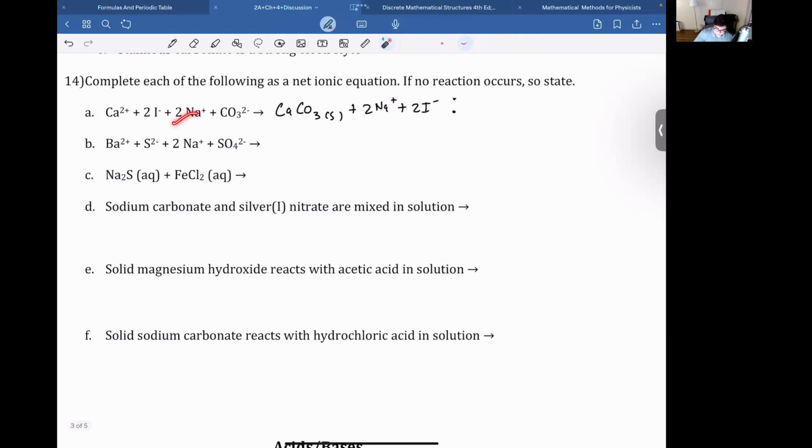So we have two sodiums on each side, two iodines on each side. And then we get Ca2+ plus CO3 2- yields CaCO3, and then we're done.